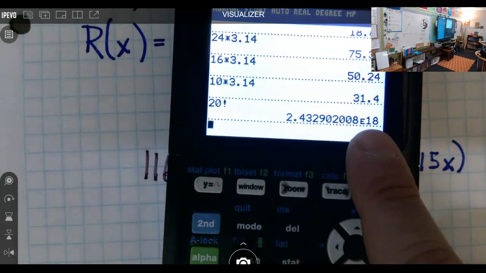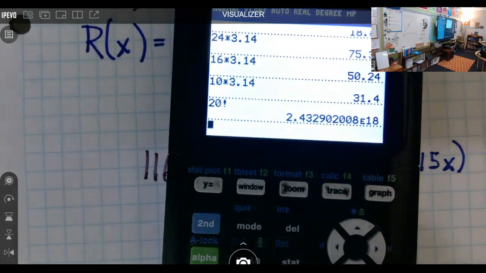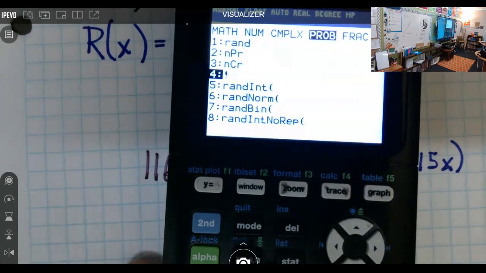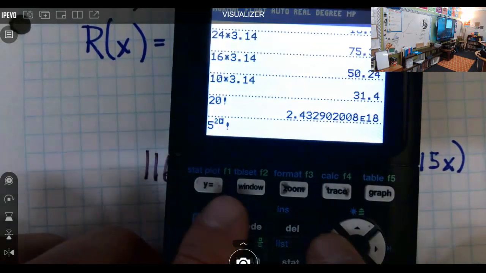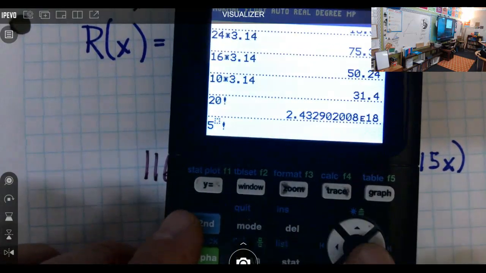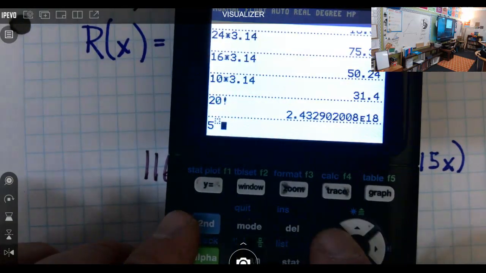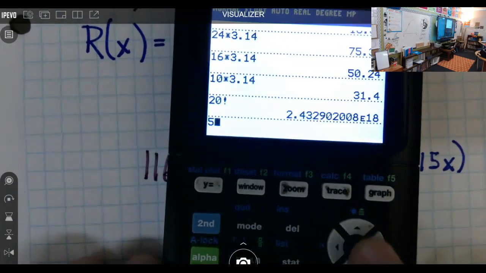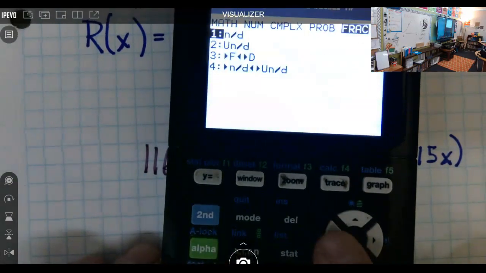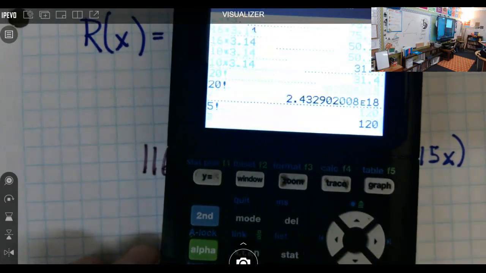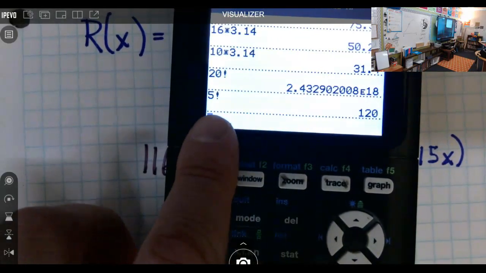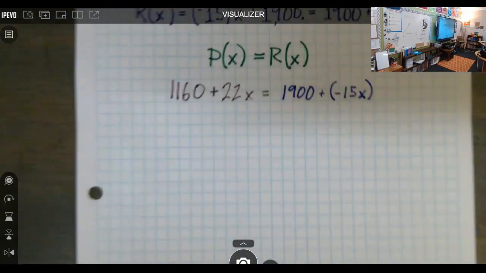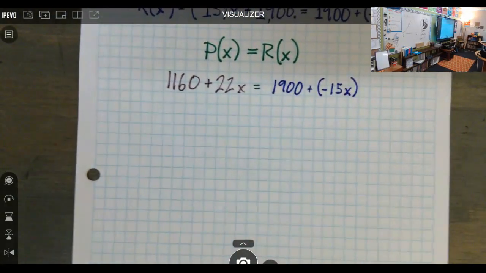That means move the decimal to the right 18 times. So an easier number to look at is 5. 5 with the exclamation point is 5 times 4 times 3 times 2 times 1. The exclamation point in math means something. What about 100?